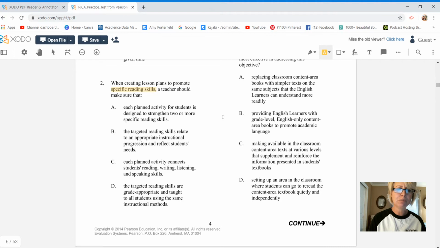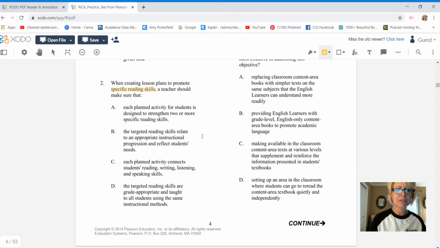So it says each planned activity for students is designed to strengthen 2 or more specific reading skills. You know, to me, that sounds like it can be a little overwhelming. Every activity to strengthen 2 skills, you know, it really depends on the progress of the student. So I'm leaning toward no on that one.